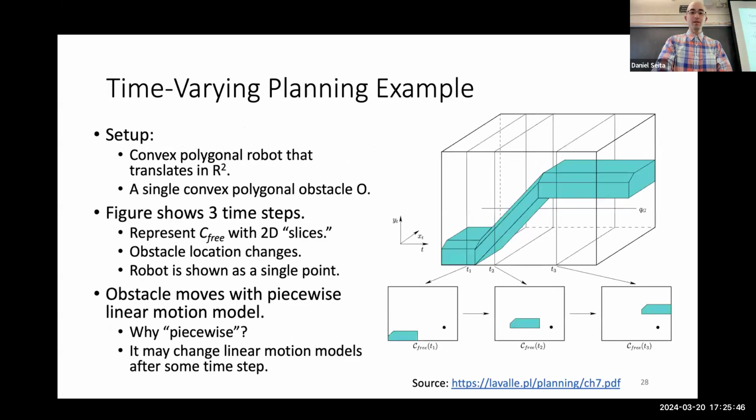So if your robot point here is suddenly up here, what does that mean? Suppose this point moved up here.